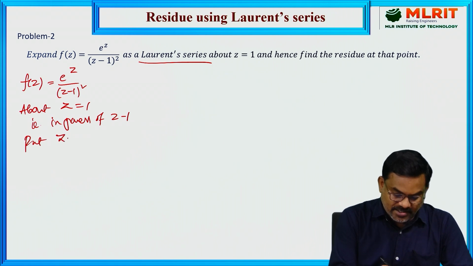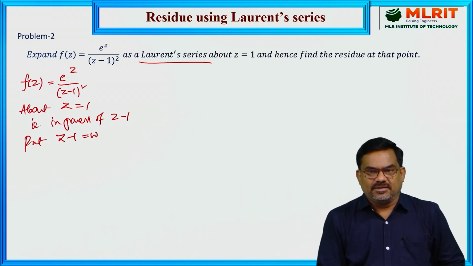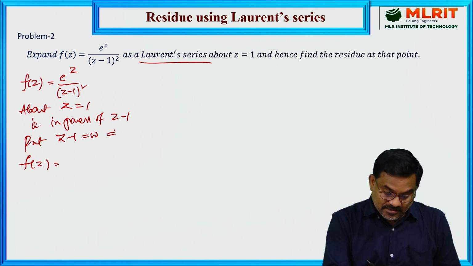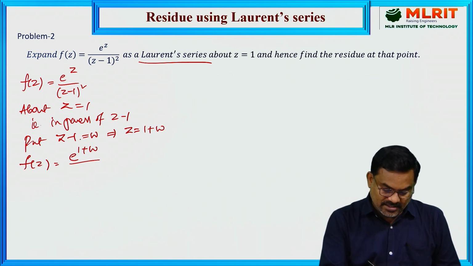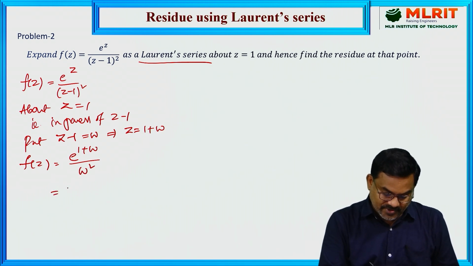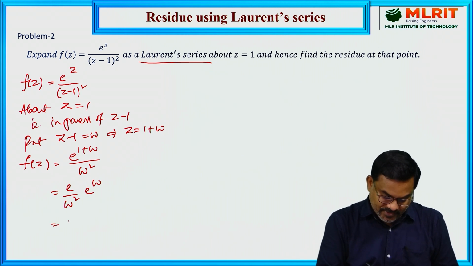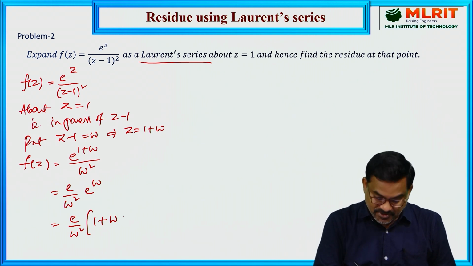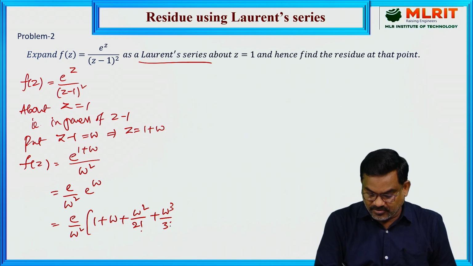So put z minus 1 equal to w, take the substitution, then f of z becomes, z is 1 plus w, e power 1 plus w by w square. So e by w square into e power w, e by w square into 1 plus, this is the expansion of e power w, exponential function, w by 1 factorial, w square by 2 factorial, w cube by 3 factorial and so on.